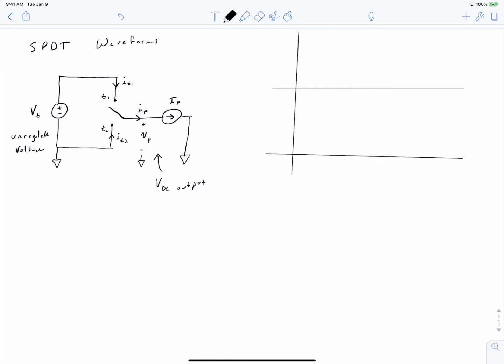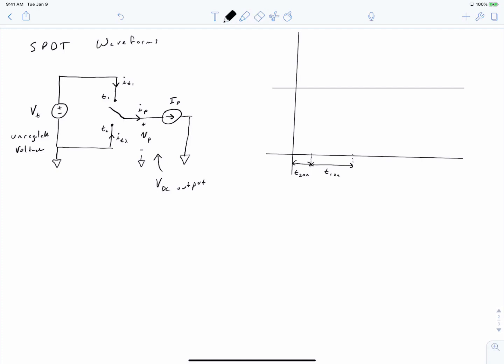And I'm going to define time intervals where the pole is connected to the various throws. So let's say that in this first interval here, throw 2 is on. That means that the pole is connected to throw 2. The switch is in this position here. In the second interval, we'll say that throw 1 is on.